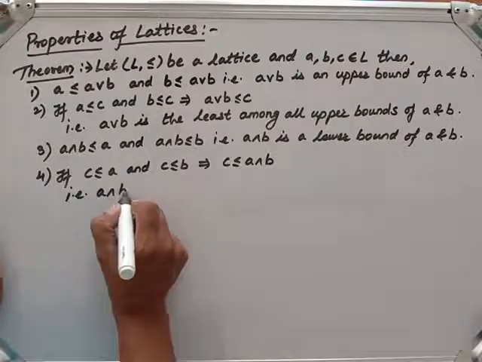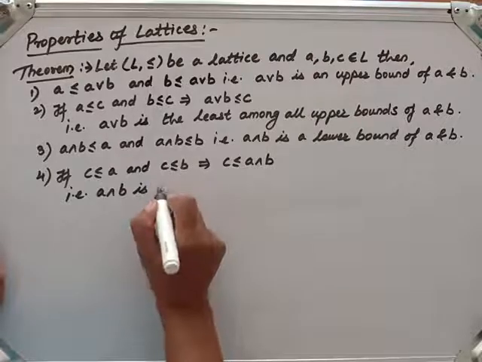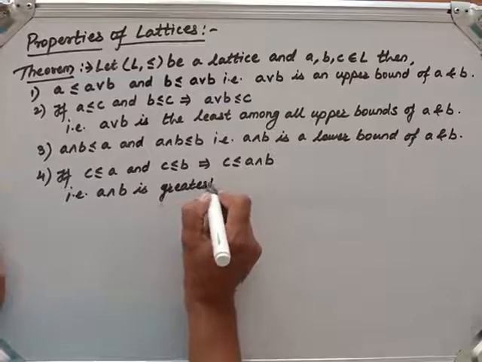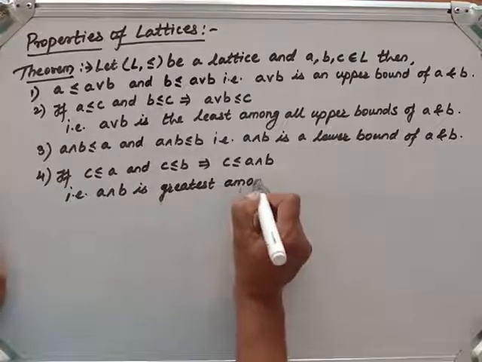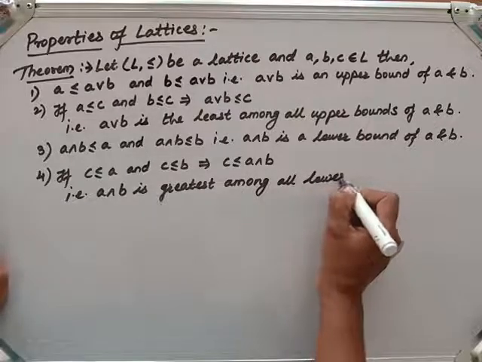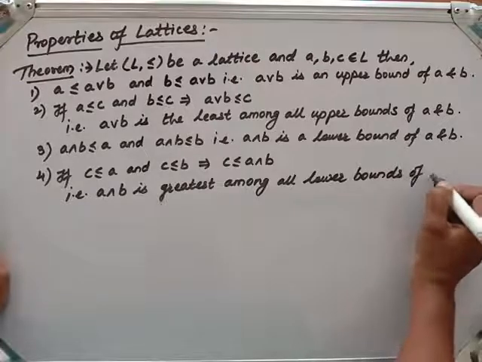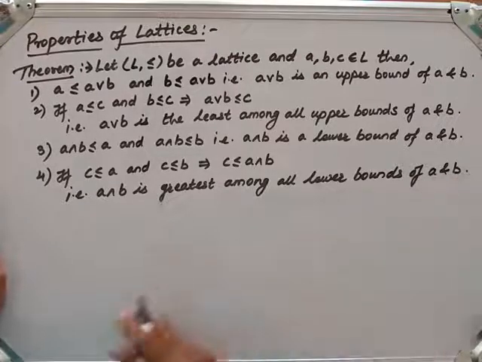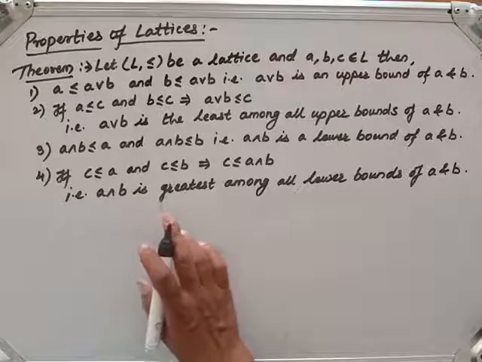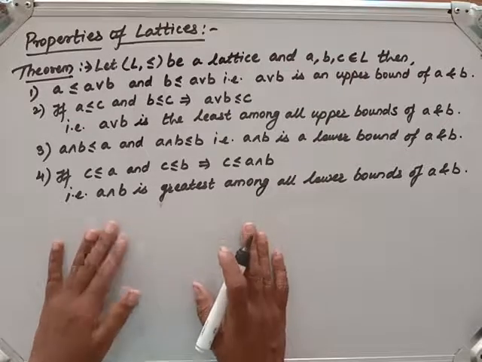A meet B is the greatest among all lower bounds of A and B. So this theorem is nothing but the same definition of A join B and A meet B again.